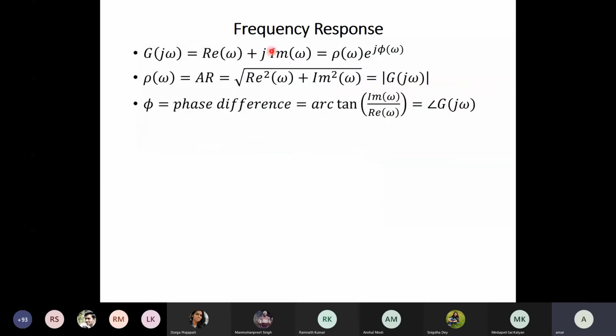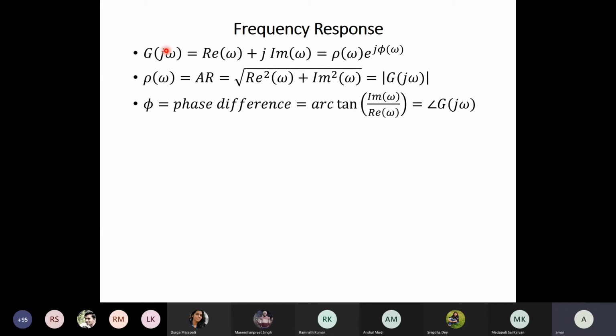So if I put s equal to j omega, I get G(j omega). It's a complex quantity, so it will have a real component and an imaginary component, which will be a function of the frequency omega. This can be written as rho(omega) e to the power j phi(omega).